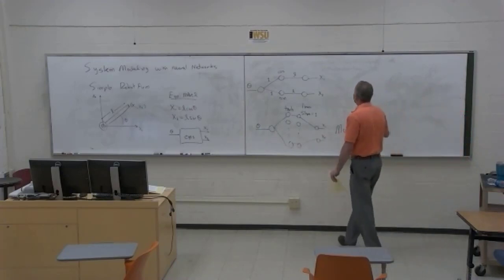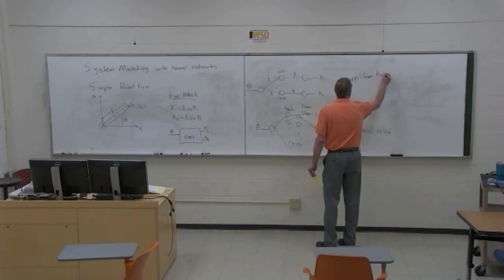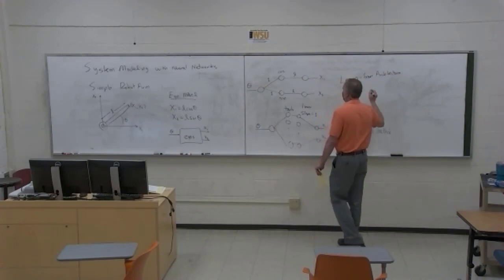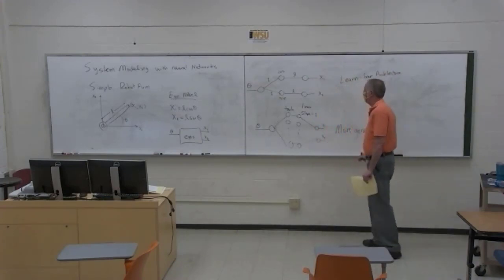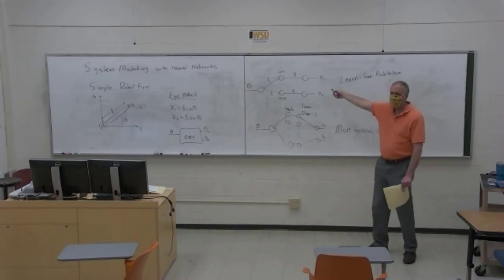But there's something to be learned from the way this architecture is built. If you can pick activation functions that fit the problem, then it's a lot easier than if you just choose random activations.